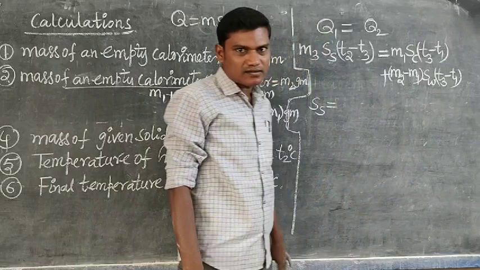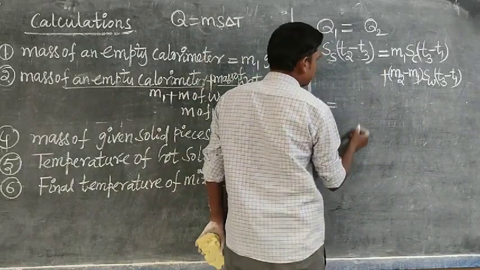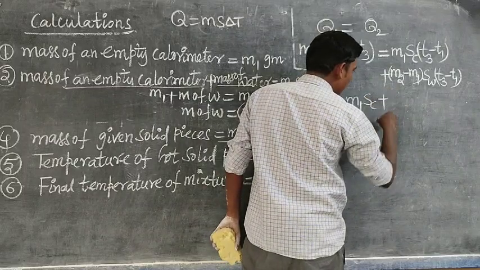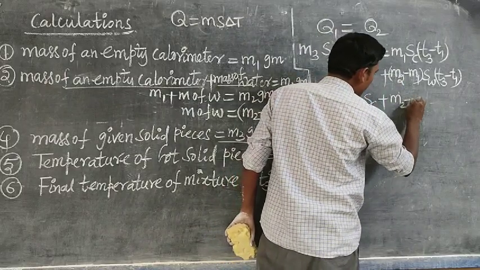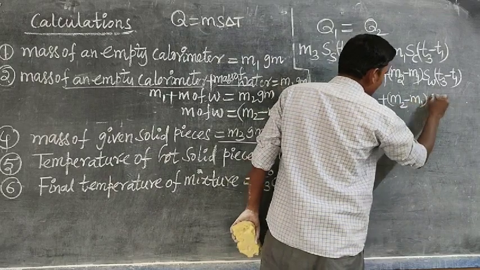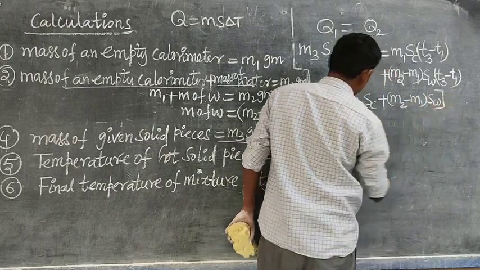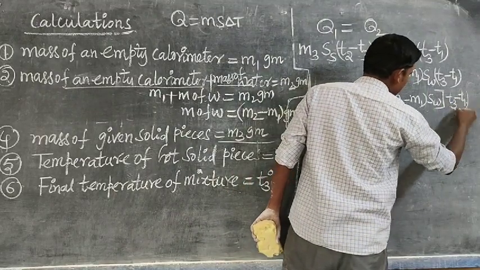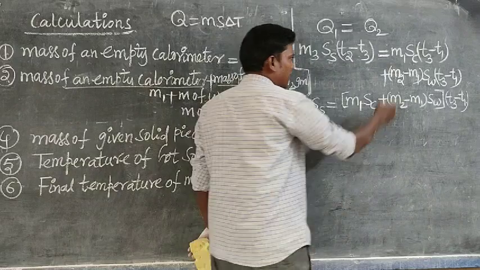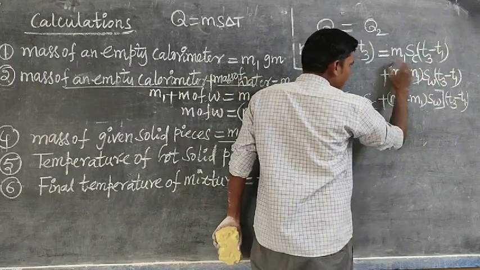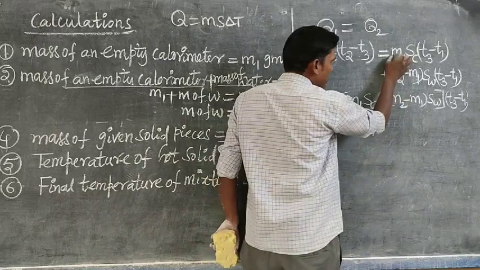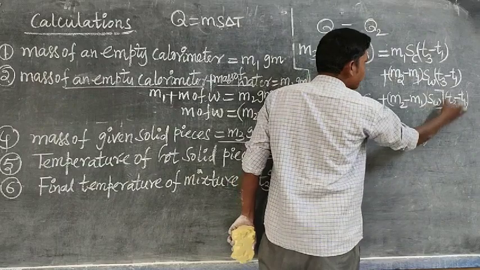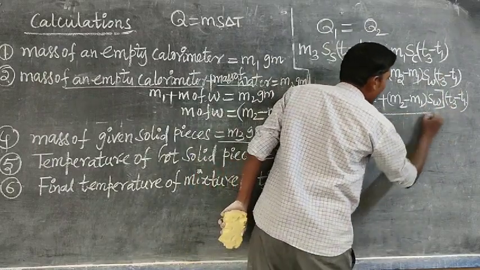So we can write M1 SC plus M2 minus M1 of SW into T3 minus T1. Listen, T3 minus T1 is the common factor in the right hand side.